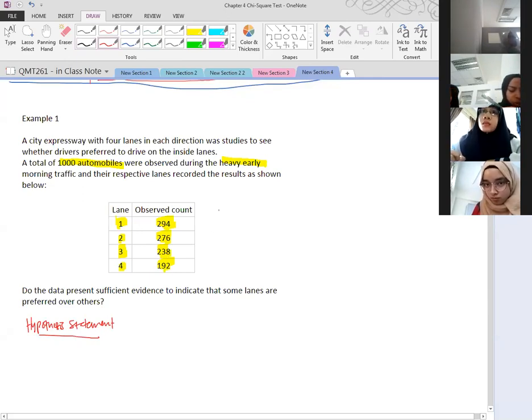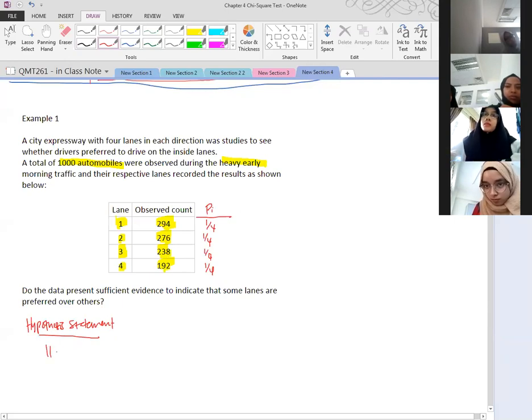Since we have 4 lanes, the probability value pi should be 1 over 4, 1 over 4, 1 over 4, 1 over 4.